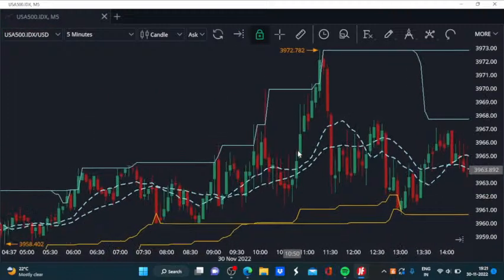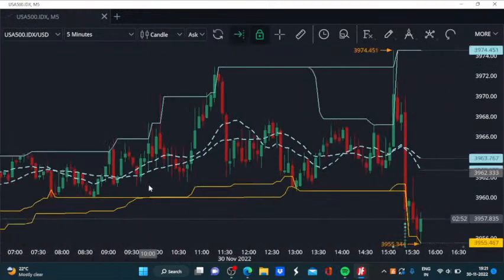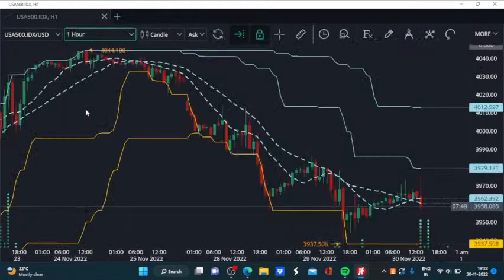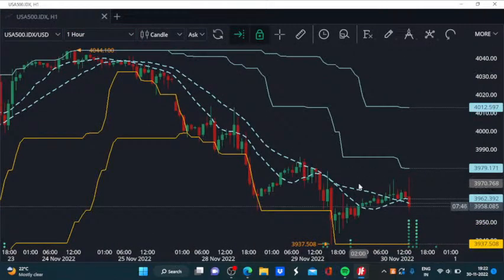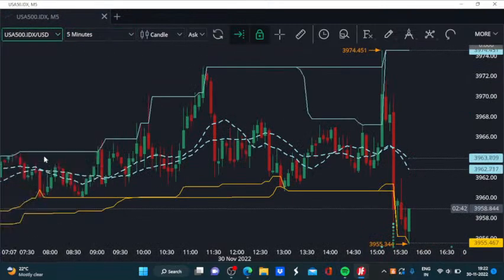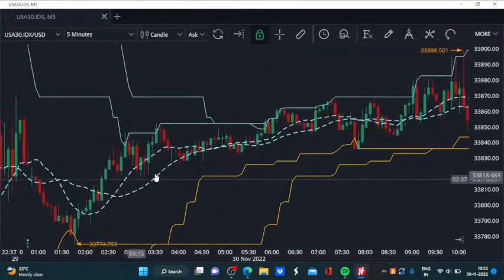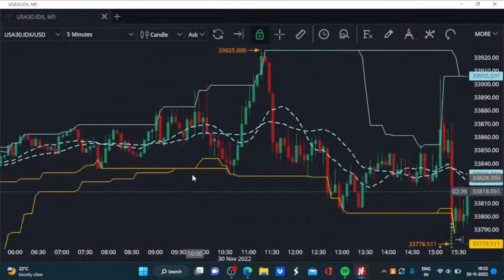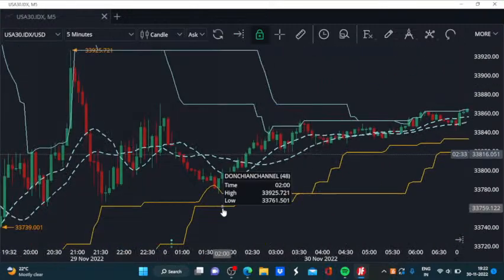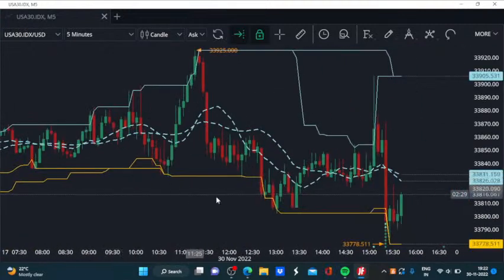Now, if we look at the price formation of the S&P 500, it is not that bearish if we compare it to the Dow Jones Industrial Average. The Dow's price formation is a lot more bearish if we simply look at its low and the high. Here it has given up almost all of the gains made earlier in the day, and that is something we have to keep in mind.